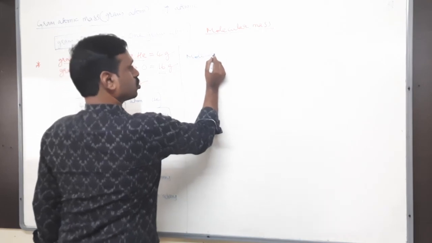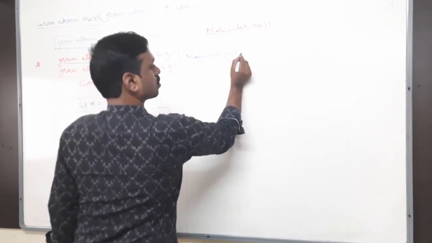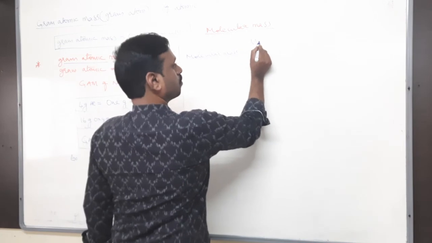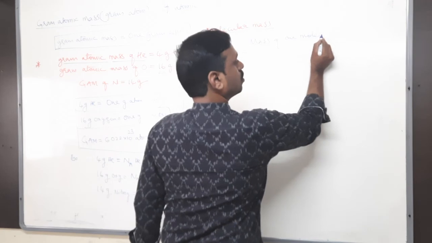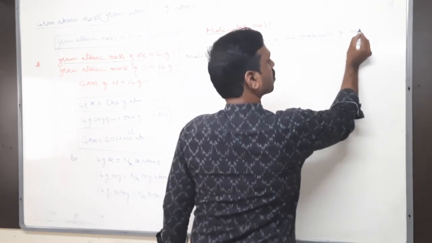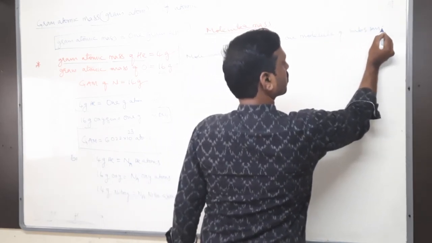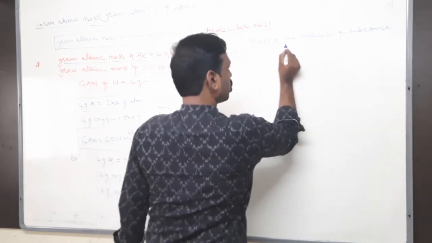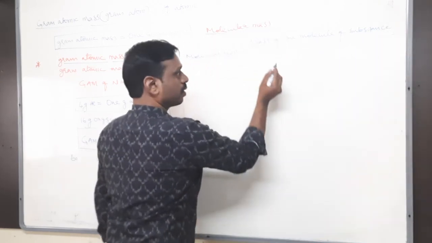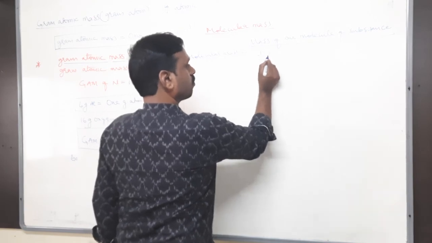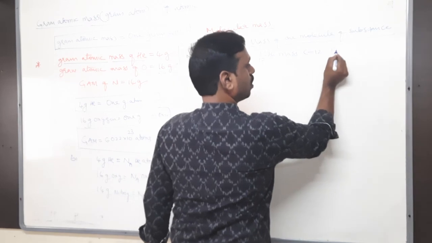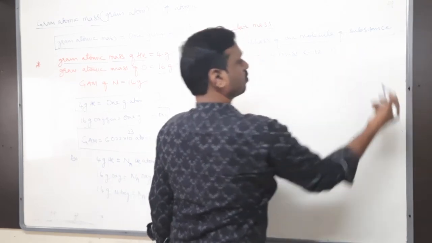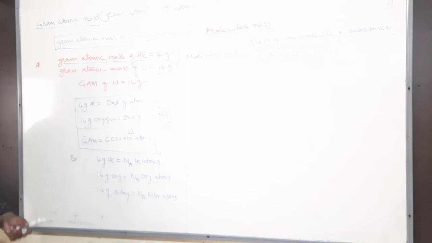Molecular mass is equal to the mass of one molecule of a substance divided by 1/12th the mass of the carbon 12 isotope. This is called molecular mass.